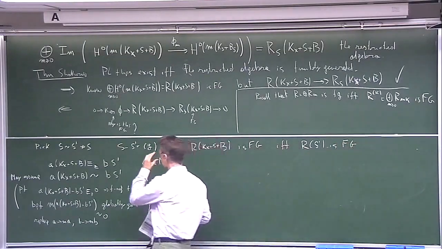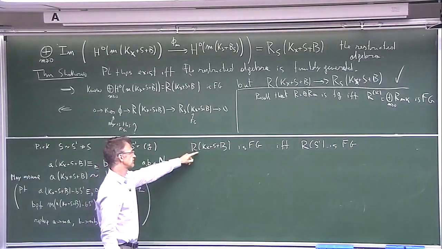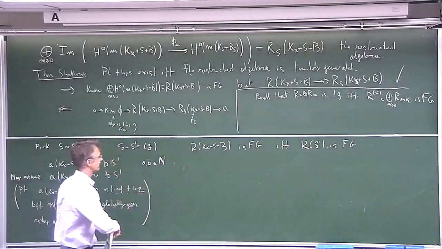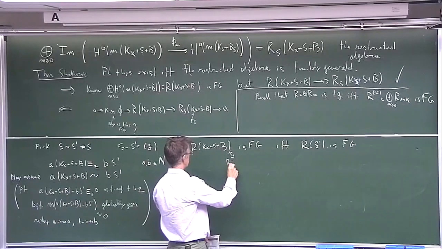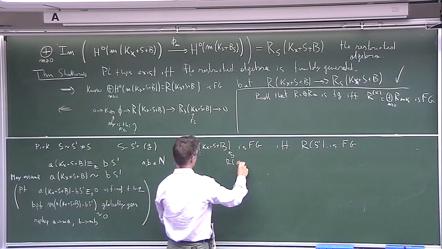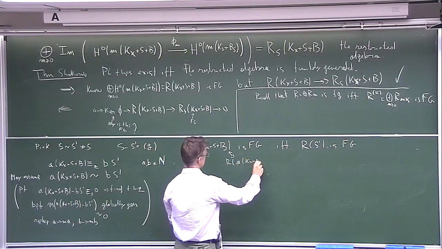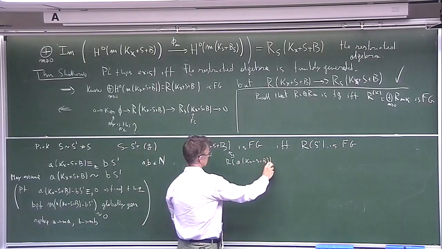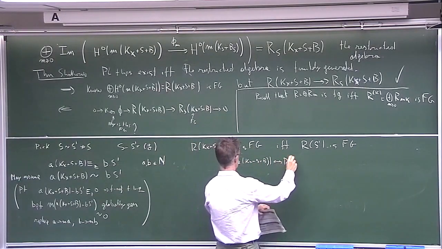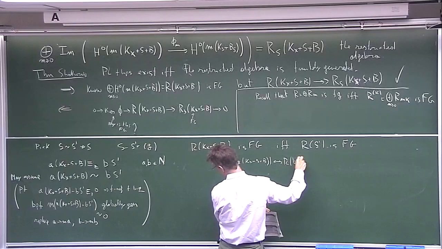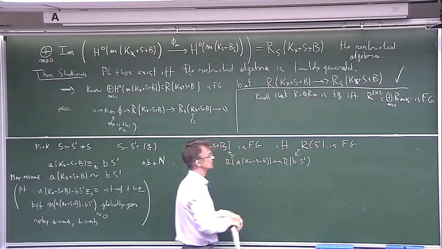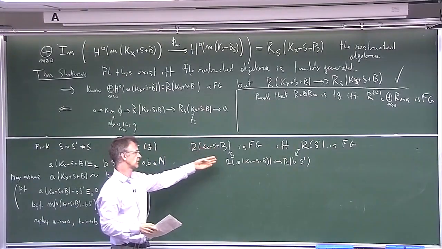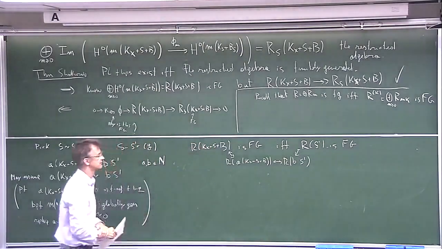Okay, what did I do here? Well, I can do the steps in between. That's finitely generated if and only if the ring corresponding to A(K_X + S) plus B is finitely generated. But that's equivalent to the ring generated by BS prime being finitely generated, and that's equivalent to this statement. Just because the ring is finitely generated if and only if the corresponding truncation is finitely generated.